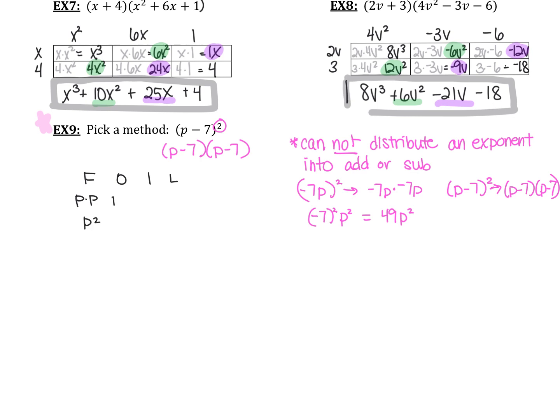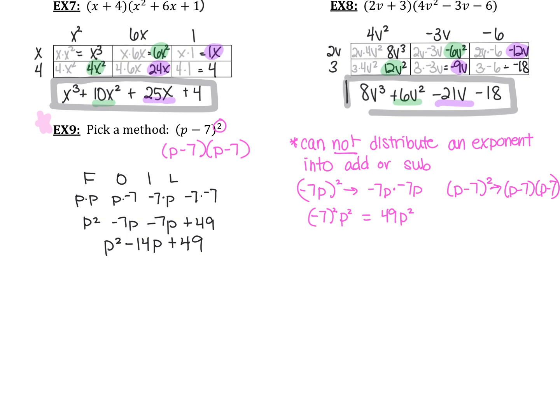My outers are p times negative 7, or negative 7p. My inners are negative 7 times p, negative 7p. And my lasts are negative 7 times negative 7, which is positive 49. When I combine like terms, I get p squared minus 14p plus 49.